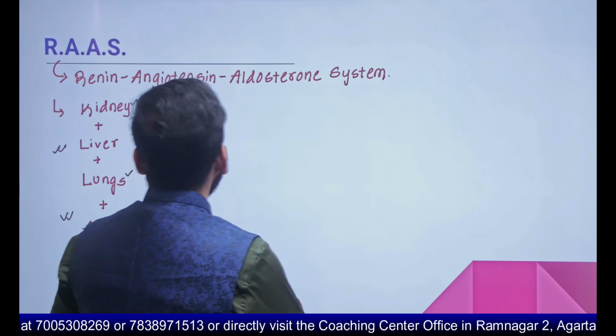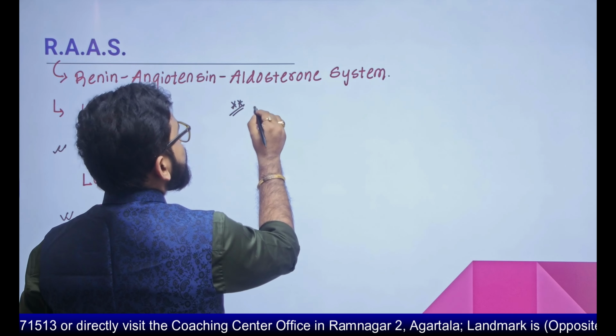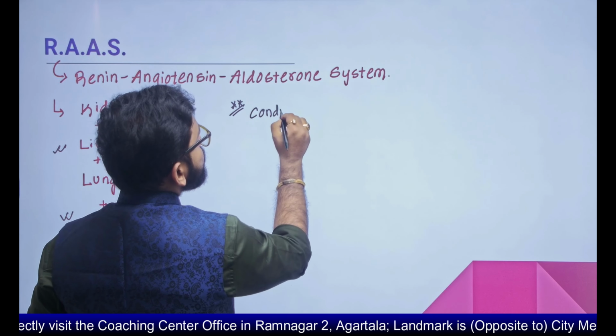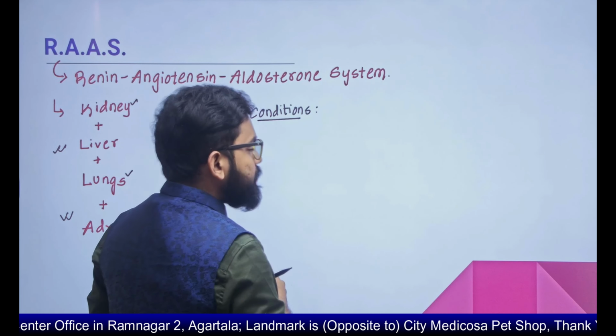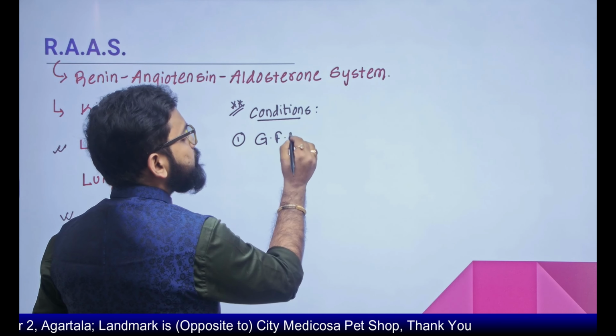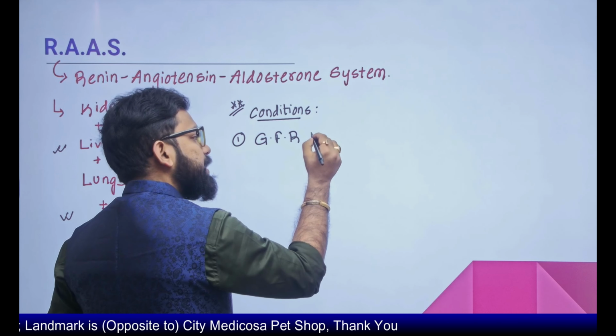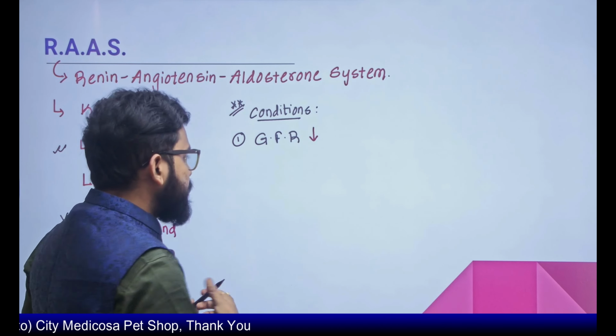So the conditions in which RAAS is active: the first condition is if GFR, that is the glomerular filtration rate, is less. If GFR is low, the RAAS will be active.